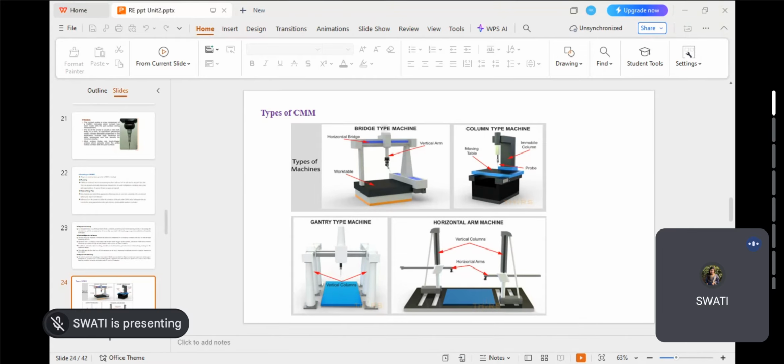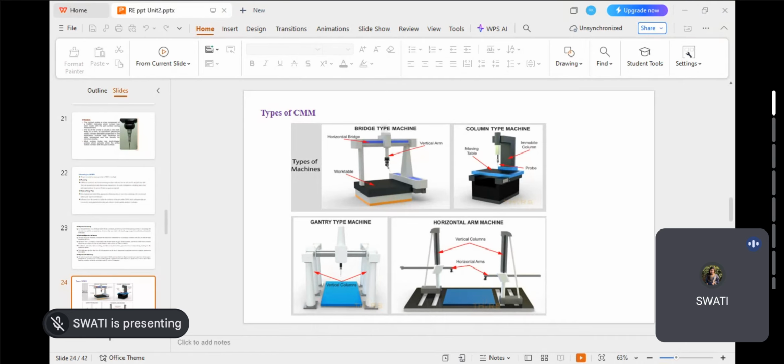You can see there are two modes of inspection operation. One is manual, another one is automated. Automated means there is no need of manual intervention. You directly place the component from which you want to collect the cloud points, turn on the machine, and it will calibrate all the features, tram the specific XYZ direction, and then start collecting the cloud points.